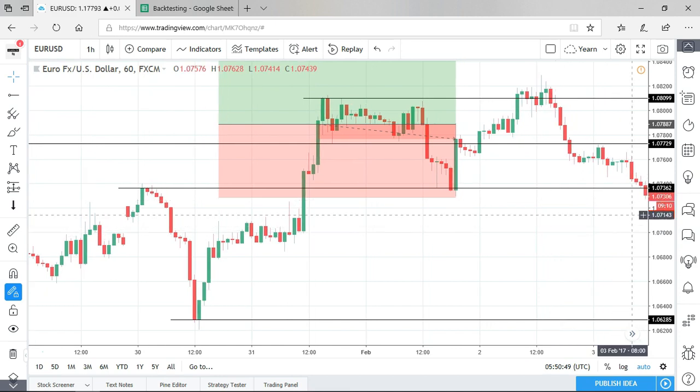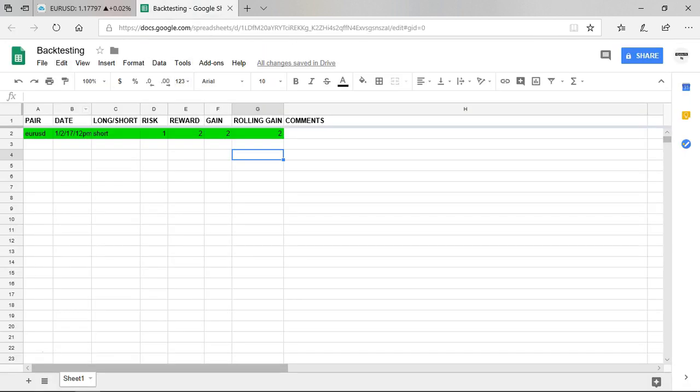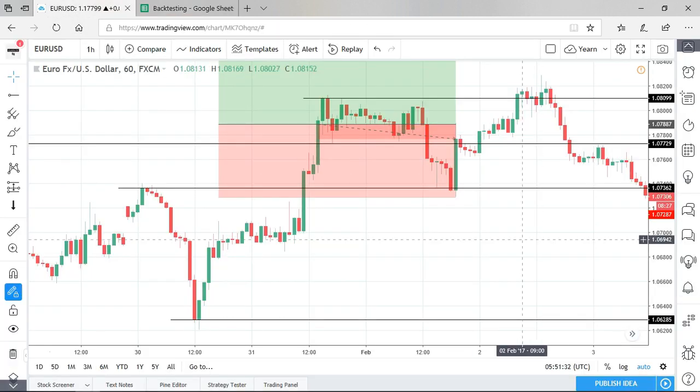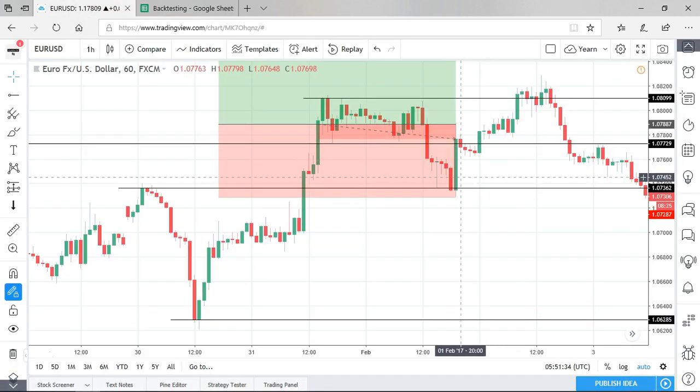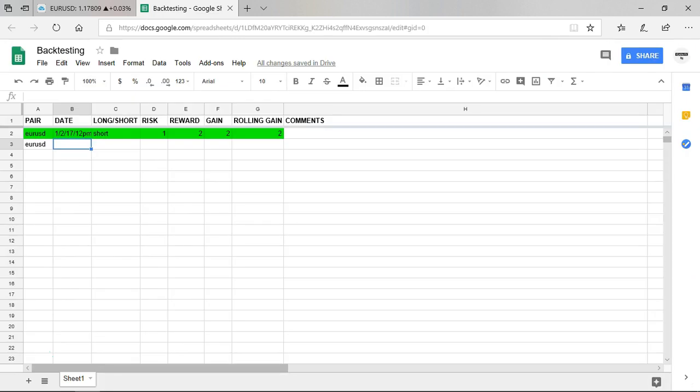And as you can see, this trade was a loss. So again, we're going to go back to our spreadsheet and we're going to record the results of this trade. So it was the same pair, Euro USD, and this time same date, but the time was at 8 p.m., so that's 1/2/17 at 8 p.m. This time the trade was taken long.